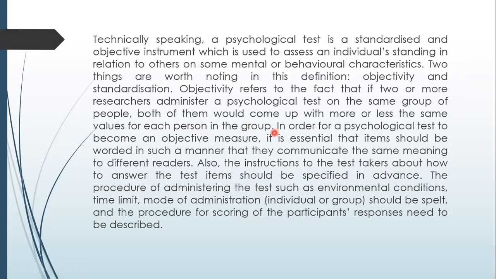Objectivity is very much similar to reliability. If you administer this psychological test to one set of people, and then your friend or a colleague administers the same type of test to another group of similar characteristics, it is called objectivity. That if I can do it, you can also do it. If you can do it, some other can do it. That is what objectivity is.